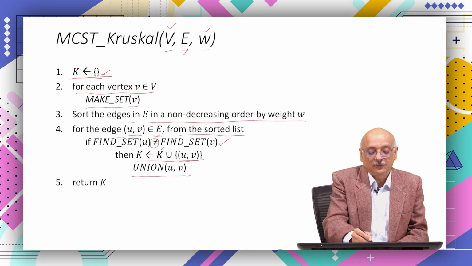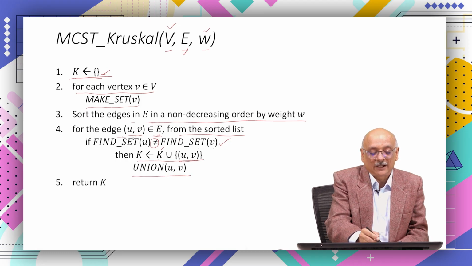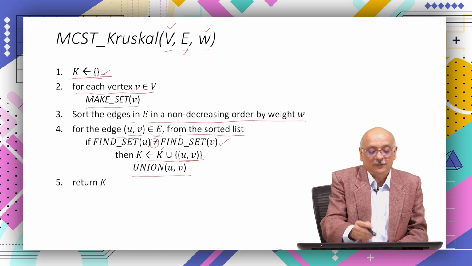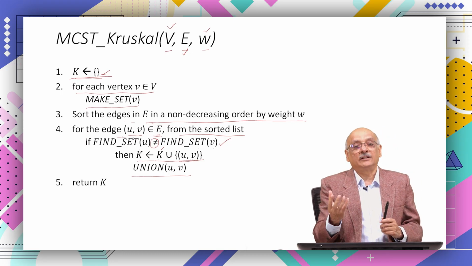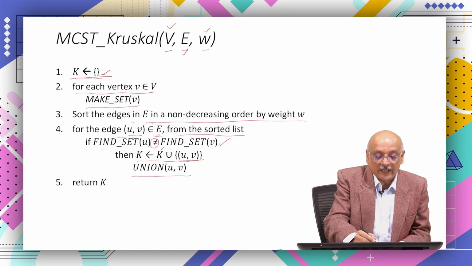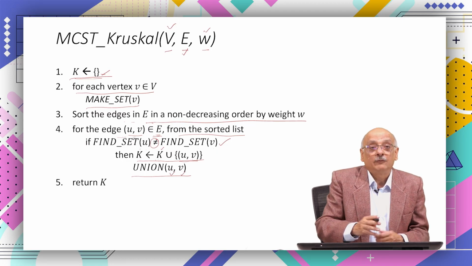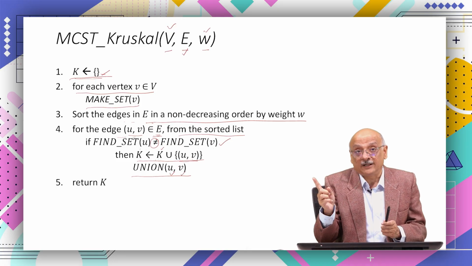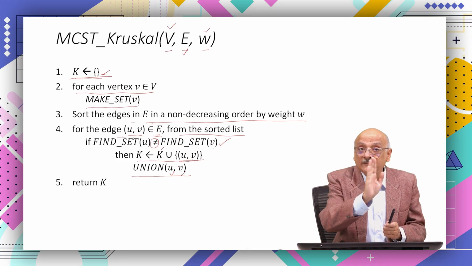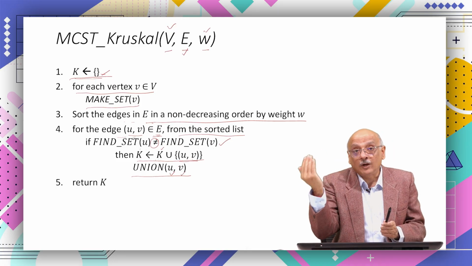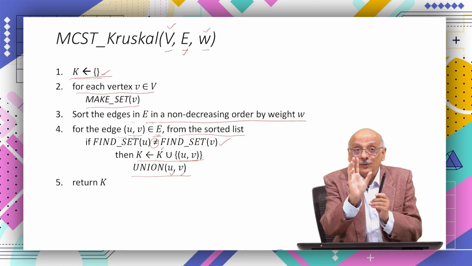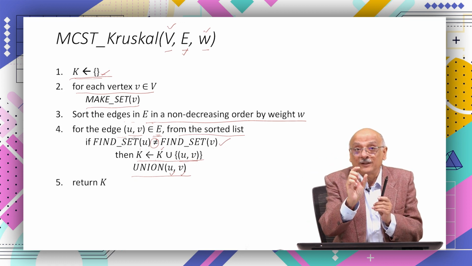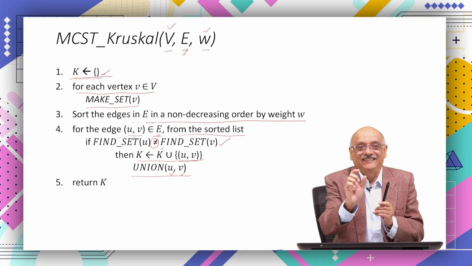And just formalize this particular union. Formalize this union of U and V in the sense that U and V, which were different sets earlier, U was in a different set and V was in a different set, both those sets of vertices get combined.